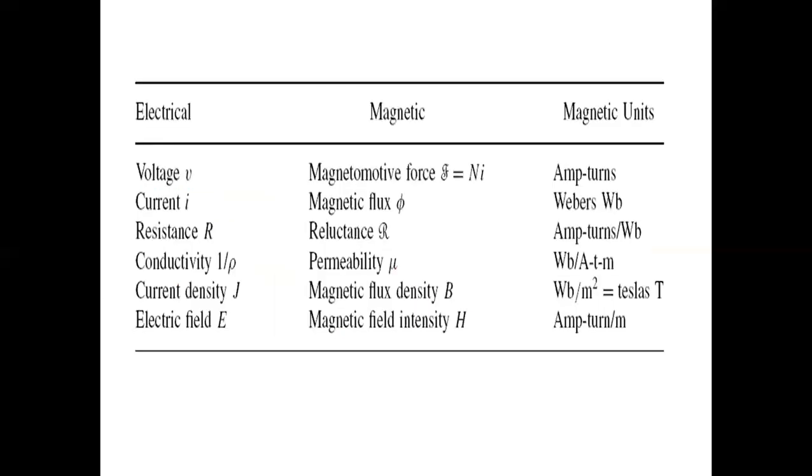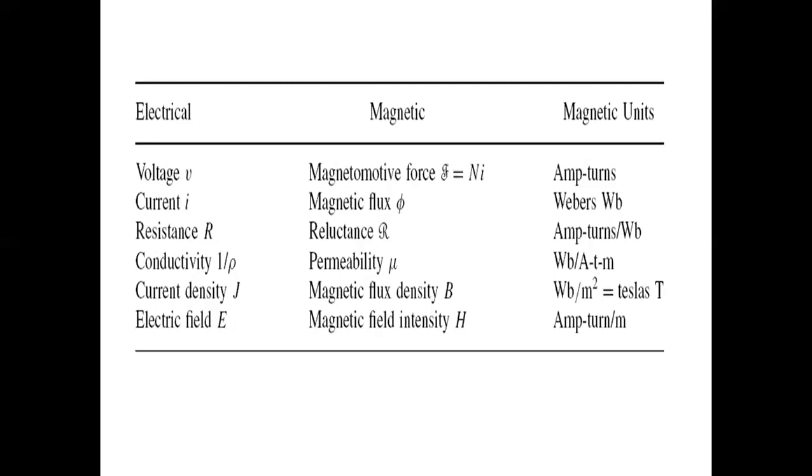Now we will compare the magnetic and electric circuits and their units. In the electrical circuit it is voltage; the analogous element in the magnetic circuit is the magnetomotive force, MMF. The unit of magnetomotive force is ampere turns.